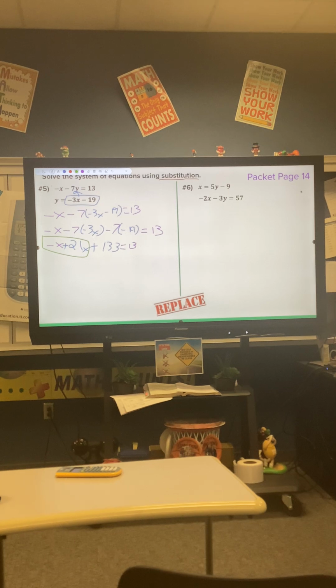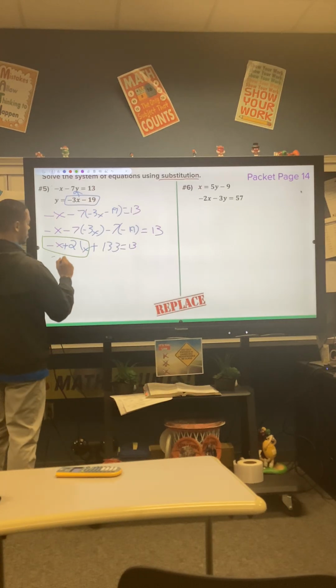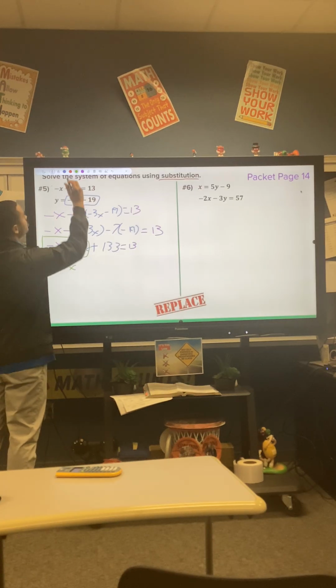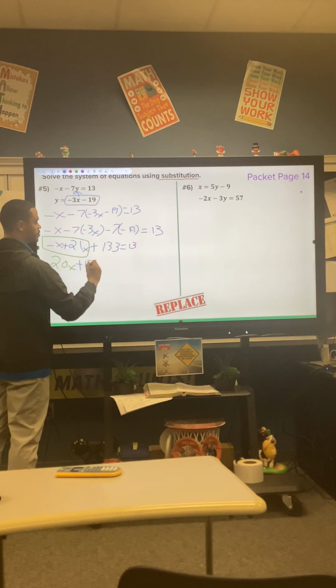In other words, what's negative 1 plus 21? Not 22. 21. Think of it like this. What's 21 minus 1? 20. So negative 1 plus 21 is going to be 20x. So we have 20x. Bring down the rest of my stuff.